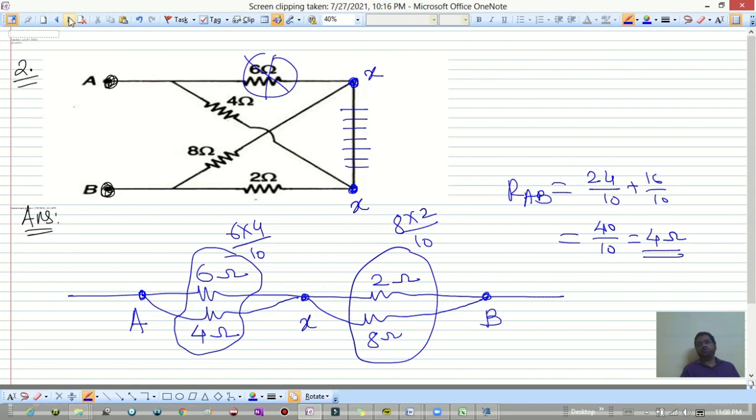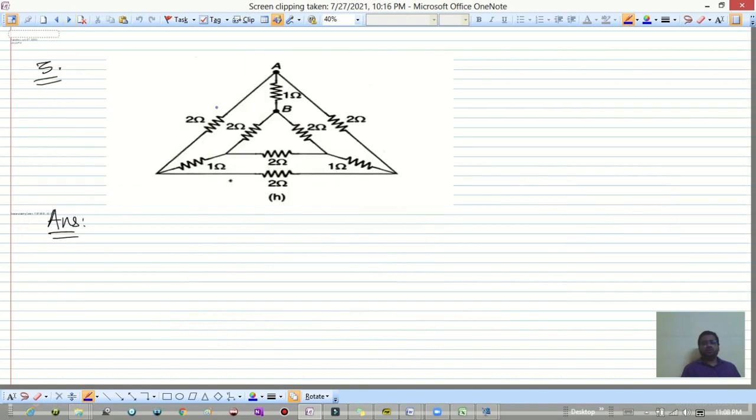Now the next problem. Now see here, we want the equivalent resistance between A and B points. So same thing here also. What you have to consider, at A V by 2, at B minus V by 2. Now same thing you have to apply.